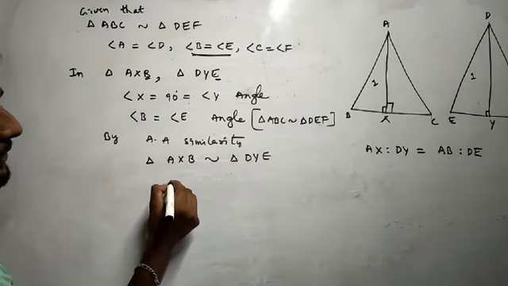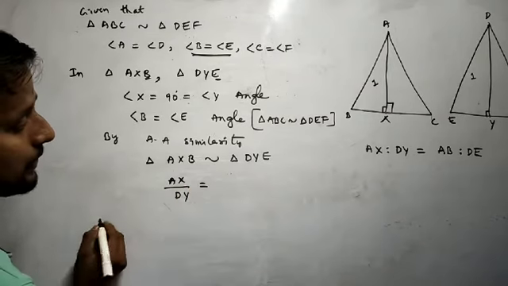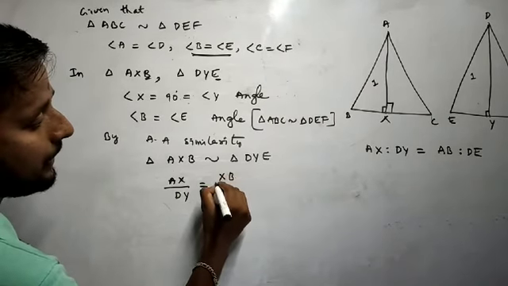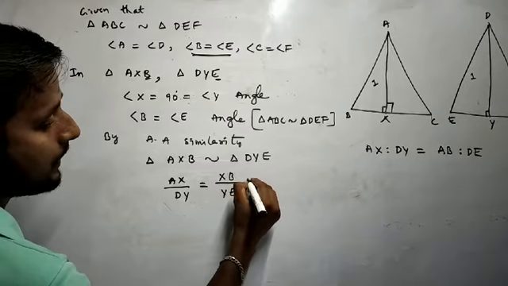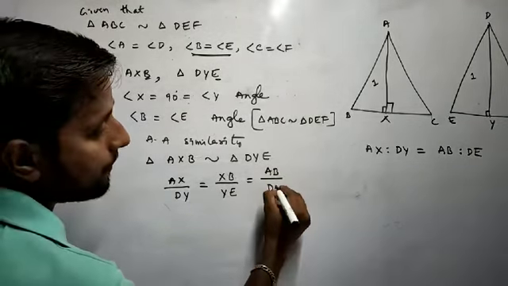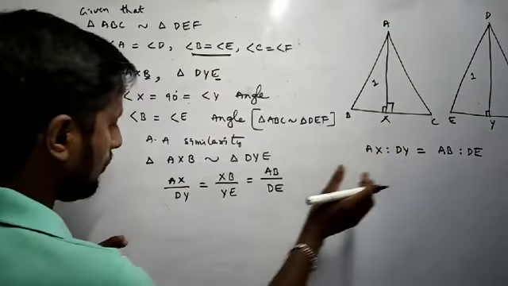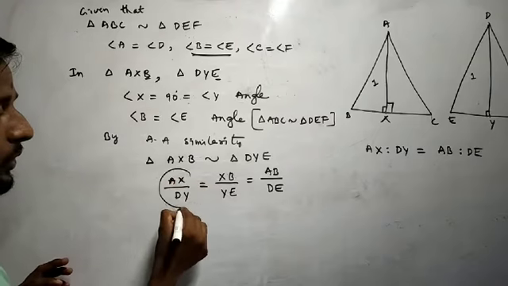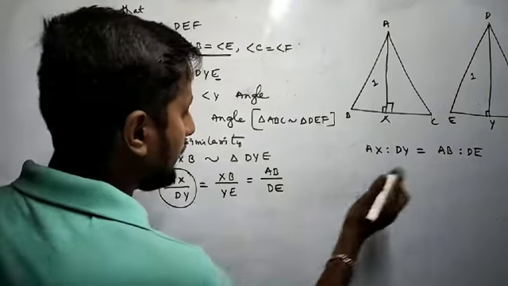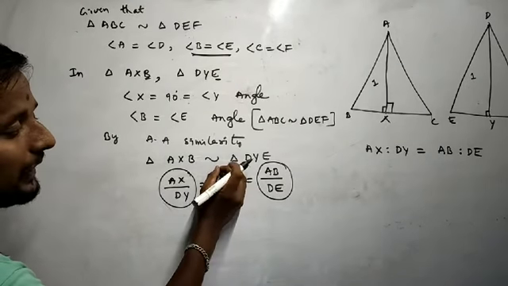So now start the ratios. AX by DY is equal to XB by YE is equal to AB by DE. Just go with the ratios once. AX, DY means this one, and AB, DE. So neglect this part.